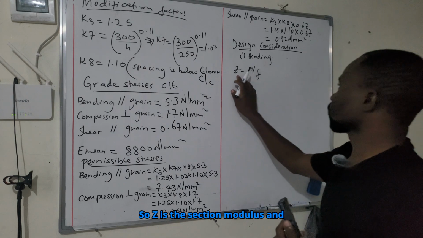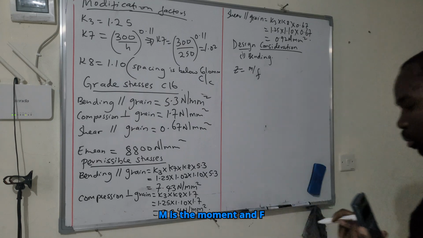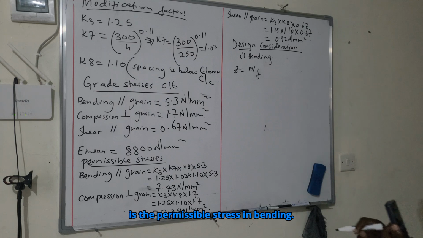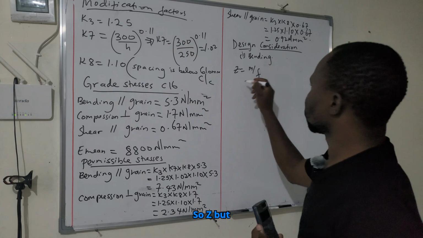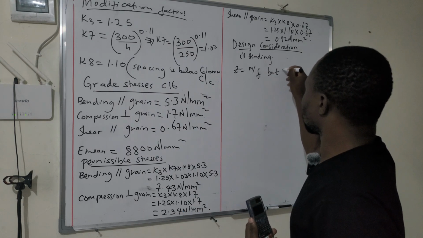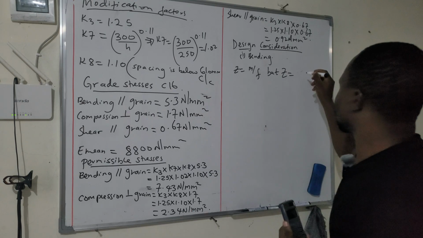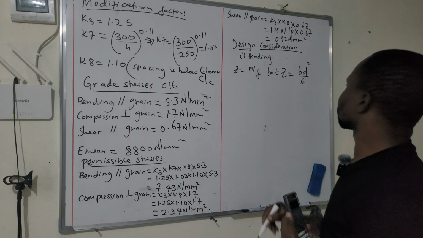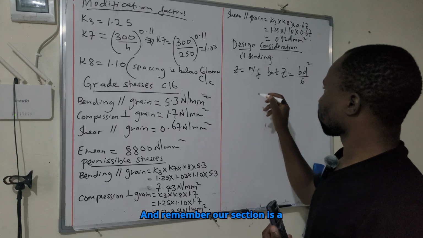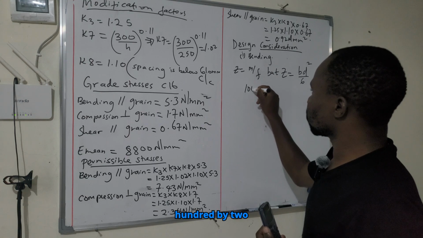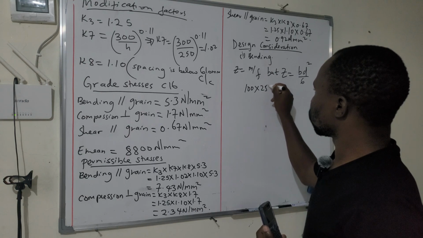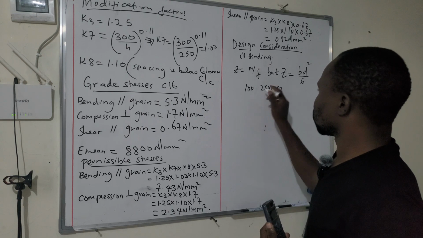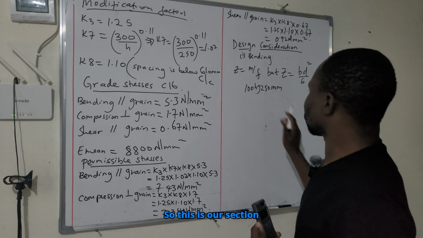Z is the section modulus, M is the moment, and F is the permissible stress in bending. Z is equal to BD squared over 6. And remember, our section is 100 by 250 millimeter. So this is our section.